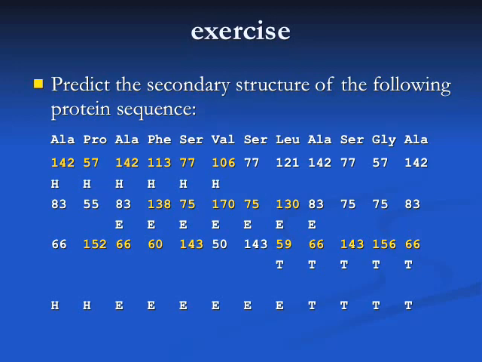Based on these numbers, I'm able to predict where the alpha helix is, that's the H value. I'm able to predict where the beta strands are, that's the E value. I'm able to predict where the turns are, that's the T value. And at the very bottom of that exercise, I have my predicted secondary structure for this molecule.